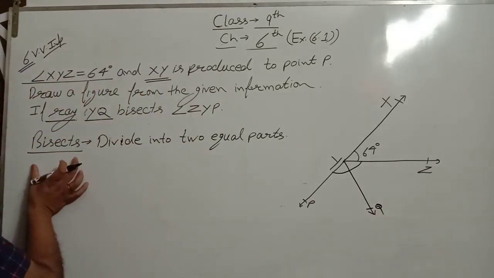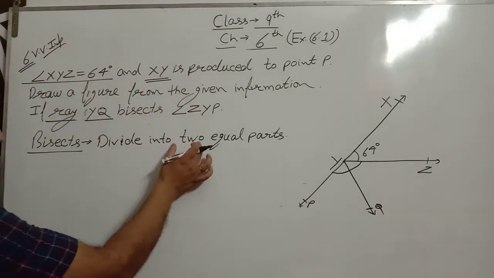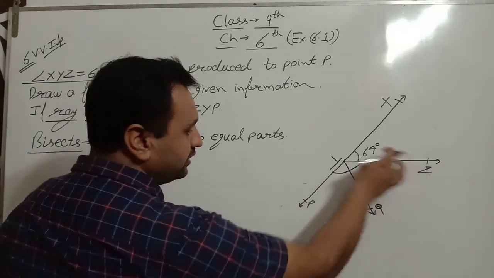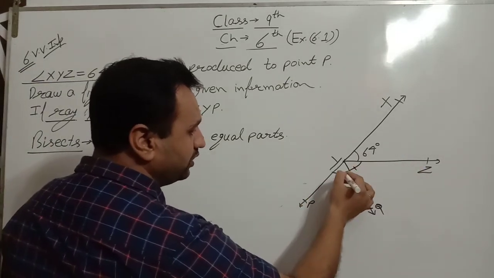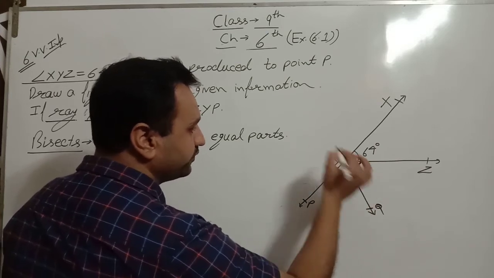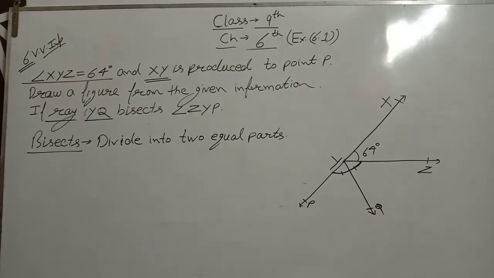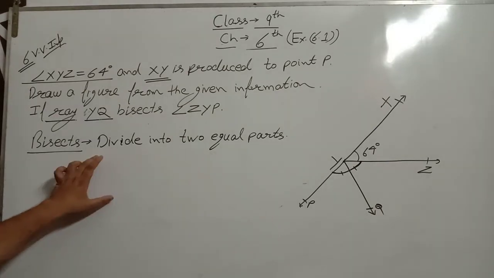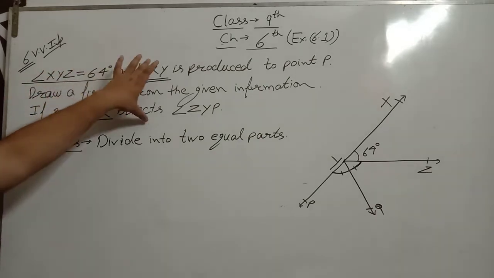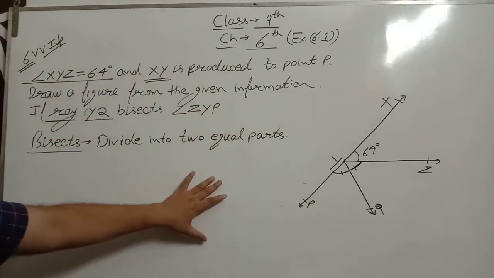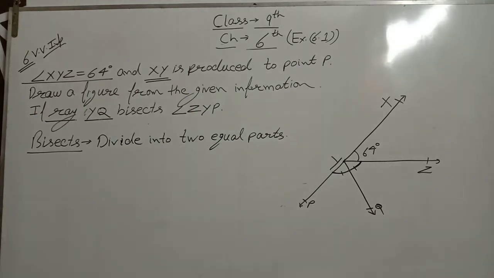And bisect means divide into two equal parts. So YQ divides angle ZYP into two equal parts. These two parts are equal. So we have to draw the figure of the question using the given information. Note down it, and now we solve it.